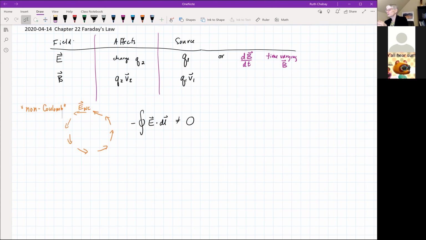So we were putting energy in. So it looks like it's possible for the round trip integral of some non-Coulomb electric field around a closed path to be non-zero.